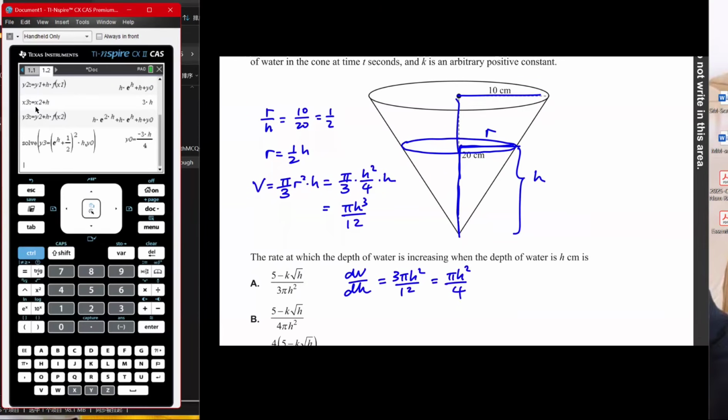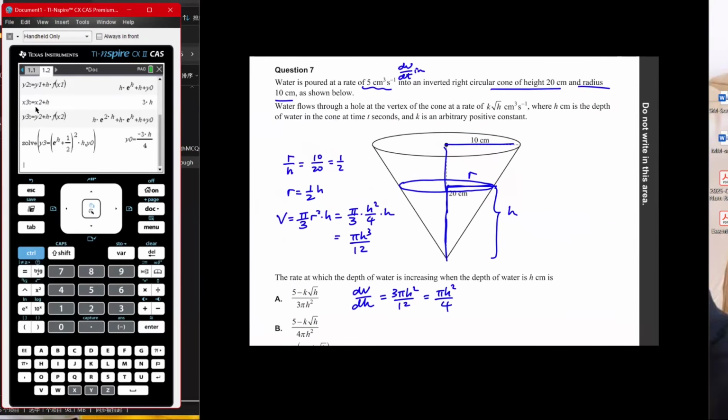Now, the question also says, water flows through a hole at the vertex of the cone at a rate of k root h. So this is my dV/dt out. Therefore, my combined dV/dt is 5 take away k root h, rate in minus rate out.